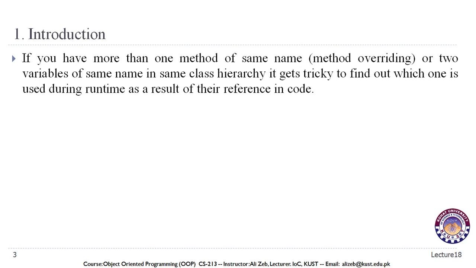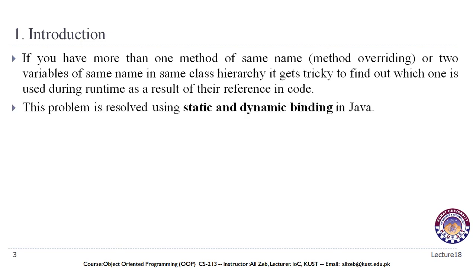We saw in polymorphism that the nature of the calling method changes based on the calling object. This problem is resolved using static and dynamic binding in Java.